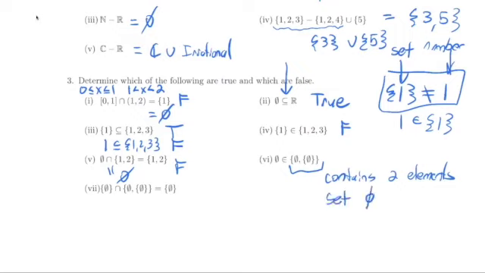One of them is the empty set, and the other element is the set containing the empty set. If these are our 2 elements, would we consider the empty set as an element of this set? That's right, so that would check out.